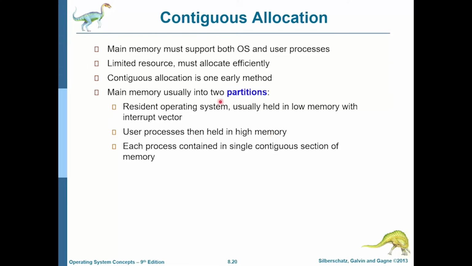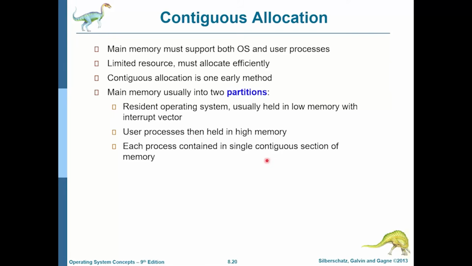Usually, the lower memory addresses used to be given to the operating system, and the higher memory addresses used to be given to processes, and each process used to be contained in a single contiguous section of memory, as in there would be no interruptions in the range of memory that is allocated to a process.